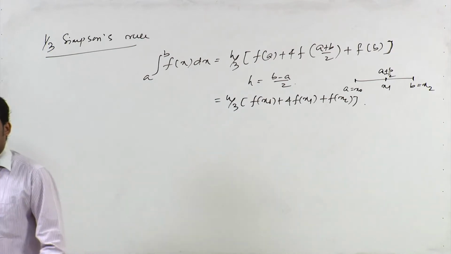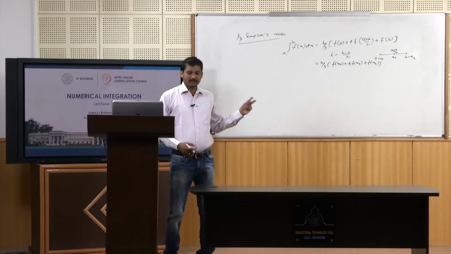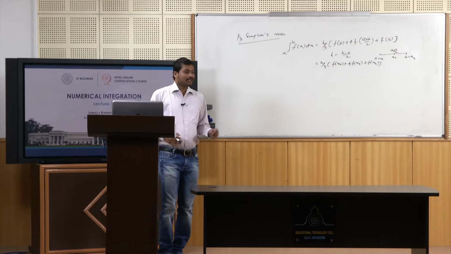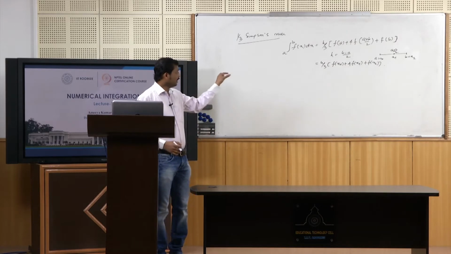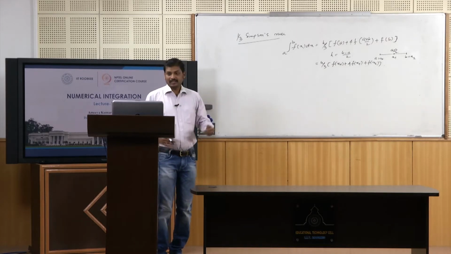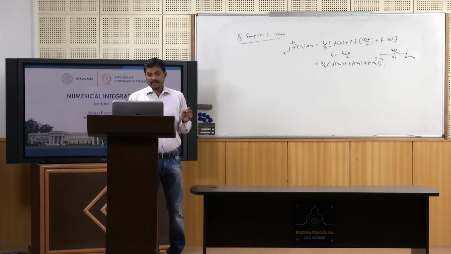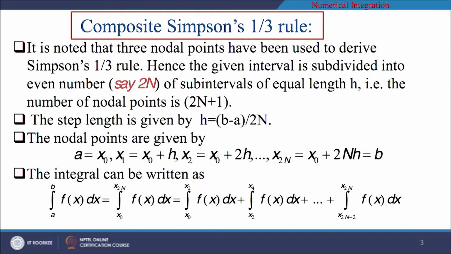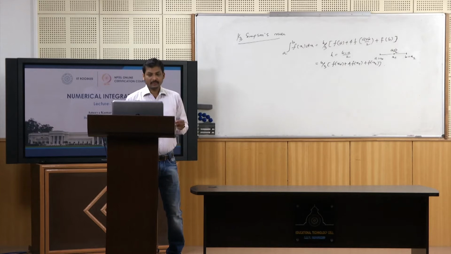If we go for a composite formula of this 1/3 Simpson's rule, since we are considering only two subintervals here, the total interval should be divided into 2n plus 1 nodal points. Then we can use the Simpson's 1/3 rule there.